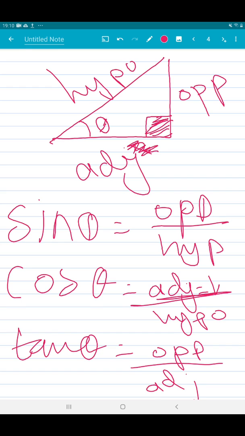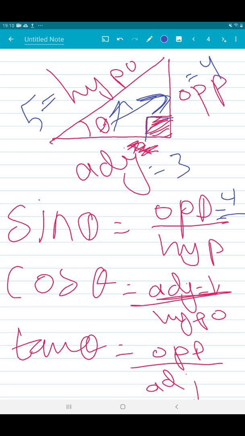Okay, change the color. Let the hypo equal 5, the adjacent 3, the opposite 4. Okay, and this is the right angle triangle. Sine theta equals what? The opposite side, 4, over the hypo, 5.